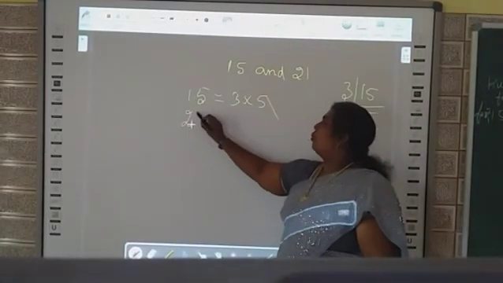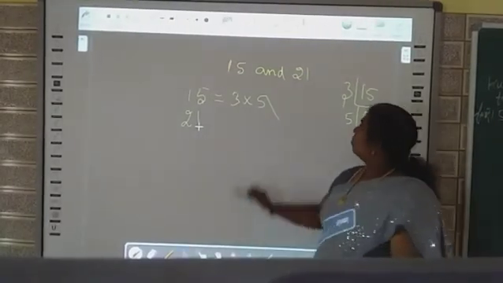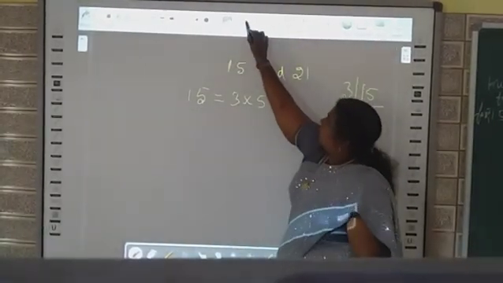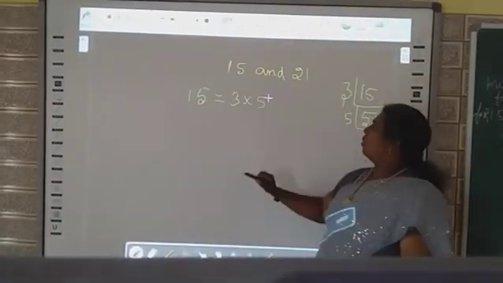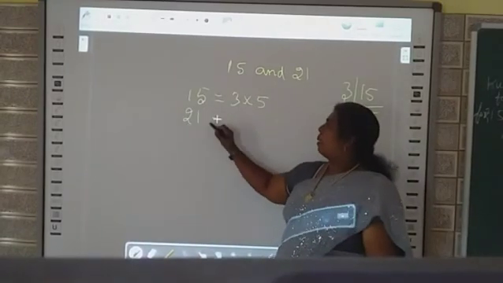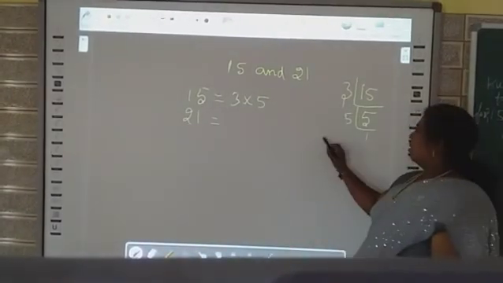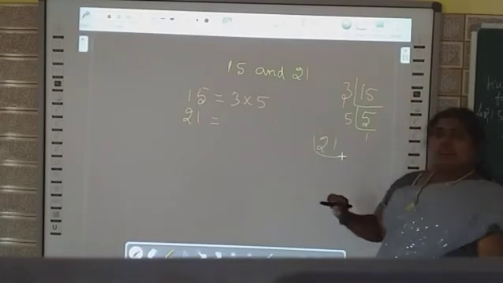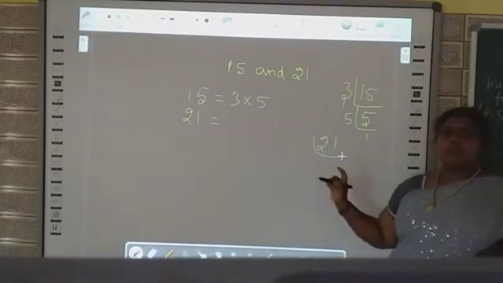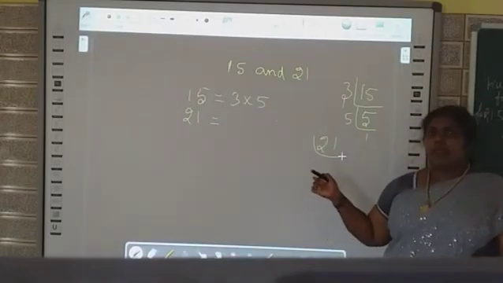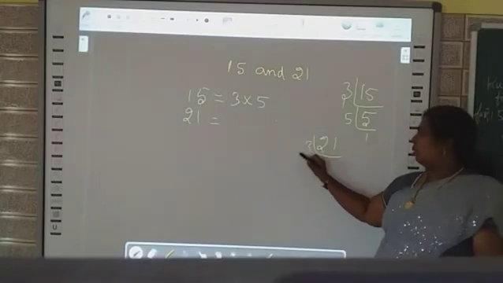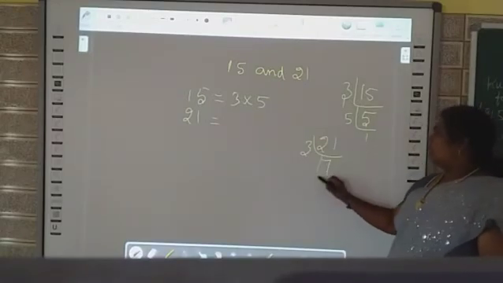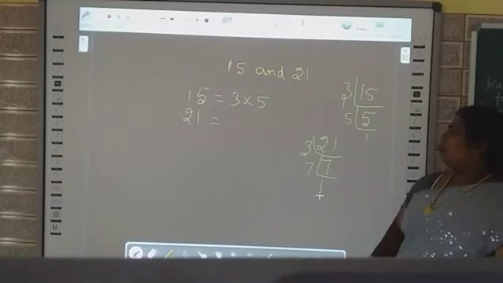Next is 21, isn't it? Factors of 21. Here, first prime number 2, is it possible to divide this one? No. Then third table we can use. So how many times? 7 times. Then again seventh table 1 time.